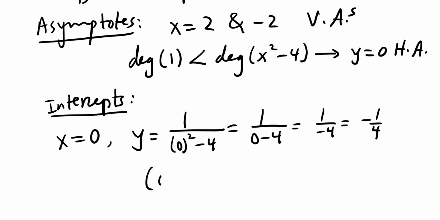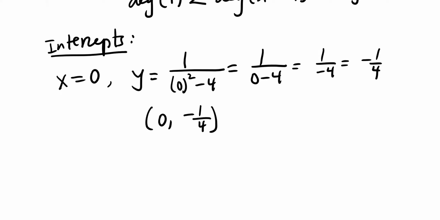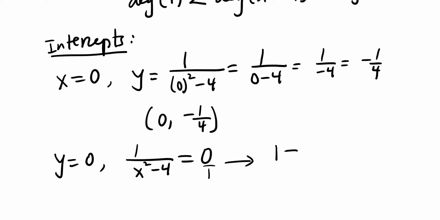So that gives us 0 comma -1/4. If you set y to 0, you get 1 over x squared minus 4 is 0. But if you cross multiply, that gives us 1 equals 0. Not possible. So this tells us no x-intercepts, only a y-intercept.